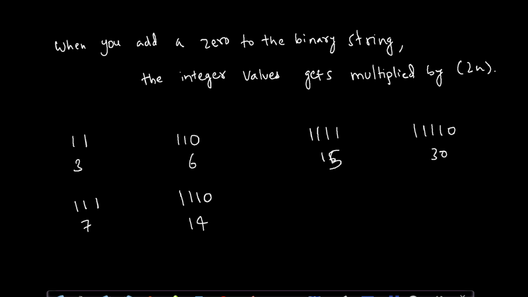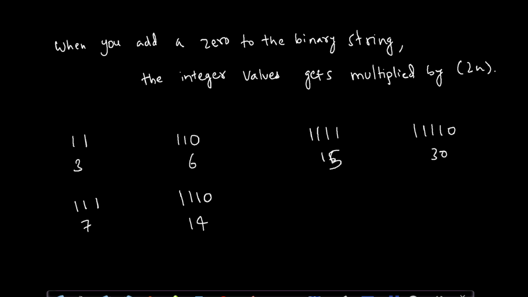So when you add a 0 to a binary string, you are multiplying it by 2, because effectively what you are doing is performing a left shift. If you perform a left shift, it will multiply by 2, and when you right shift, you are dividing it by 2, right?